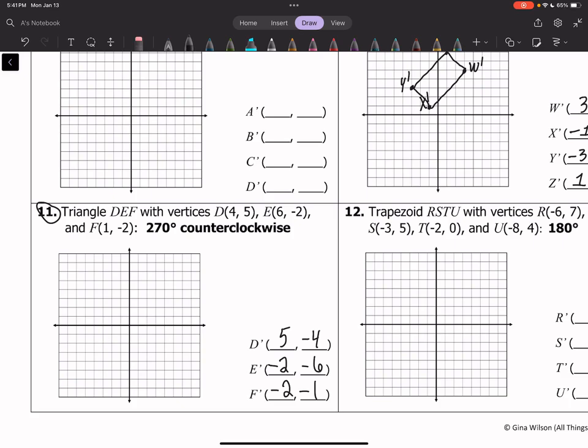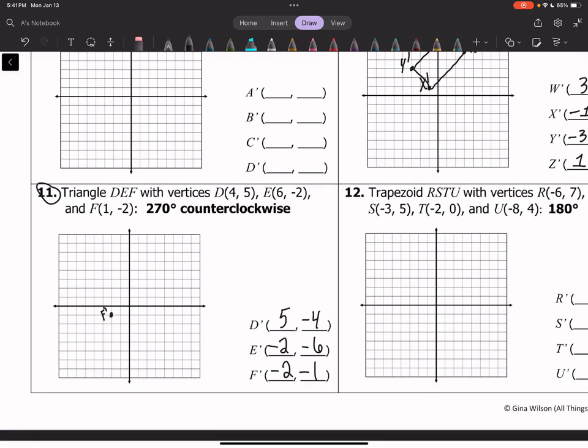Let me try writing it again. There we go. One, two, three, four, five. One, two, three, four. Okay, there is your image.